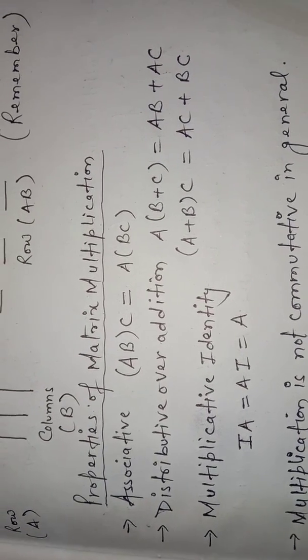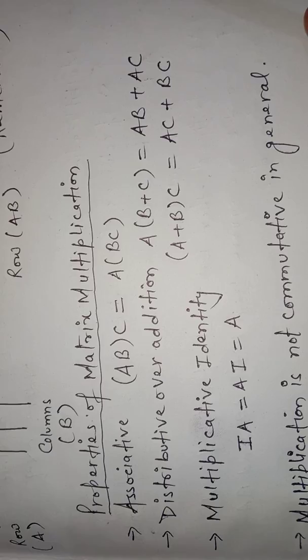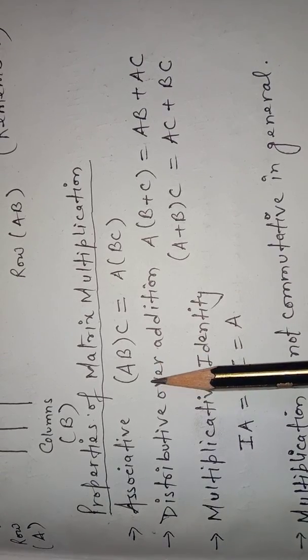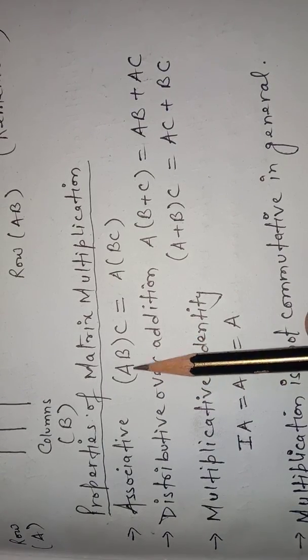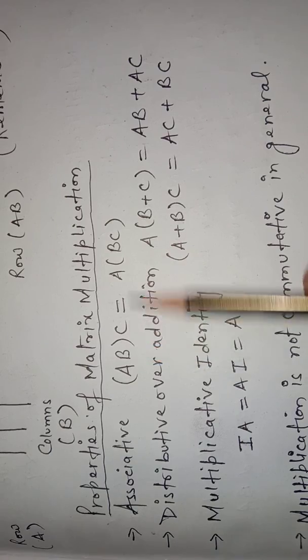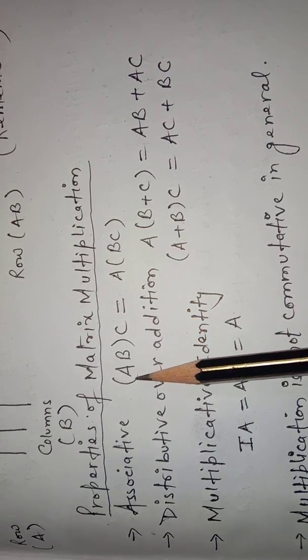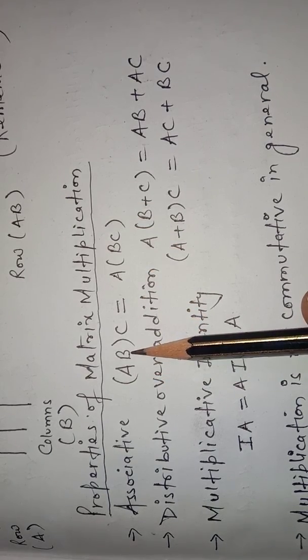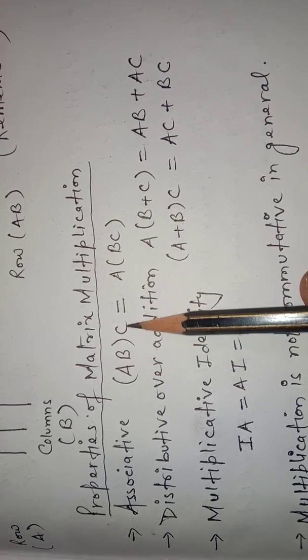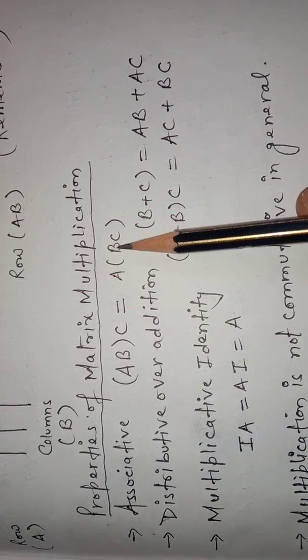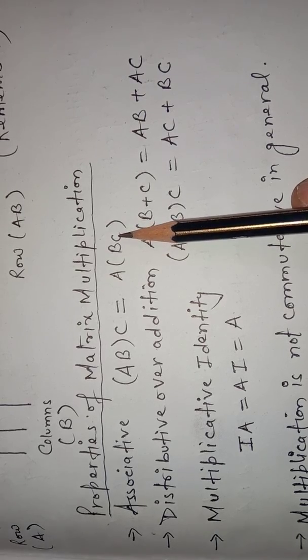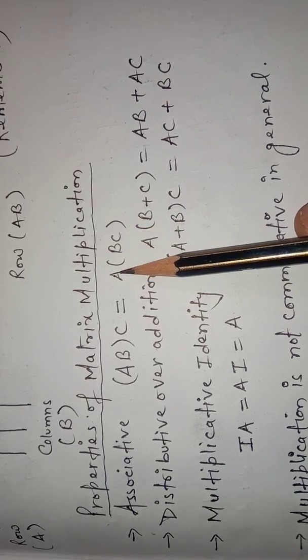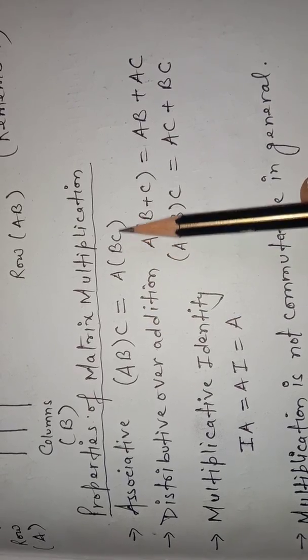The first property of multiplication is the associative property. Suppose there are three matrices and multiplication is possible, then either you multiply A with B and then multiply the final result with C, or you first multiply BC and pre-multiply with A, and you will get the same result. Okay.